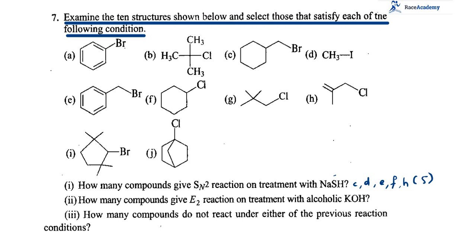How many compounds give E2 reaction on treatment with alcoholic KOH? So you know it is a dehydrohalogenation reaction, that is E2 reaction. In the presence of alcoholic KOH, there will be formation of alkene. So in this, we have the B option.